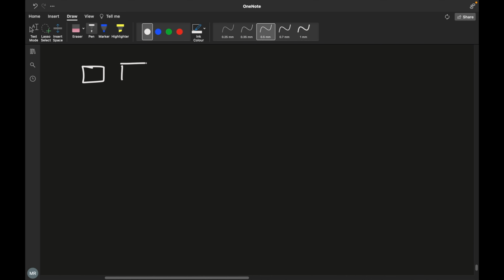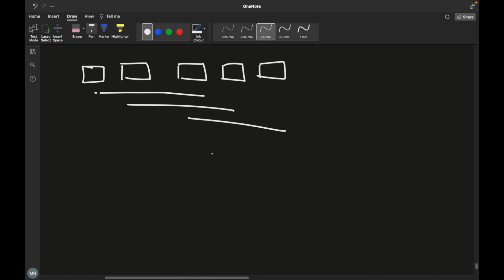Imagine you have 5 boxes. So you want to choose 3 of these boxes. In how many ways can you do that? You can do this, this, this, and so on, right? This is the same thing as leaving. So choosing 3 boxes is the same as leaving 2 boxes.